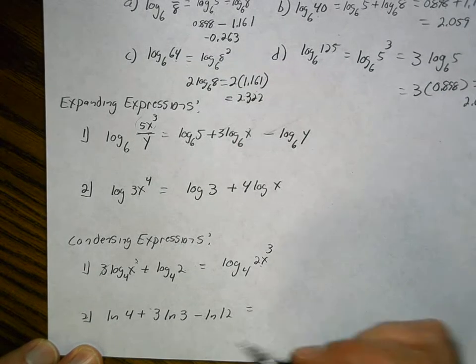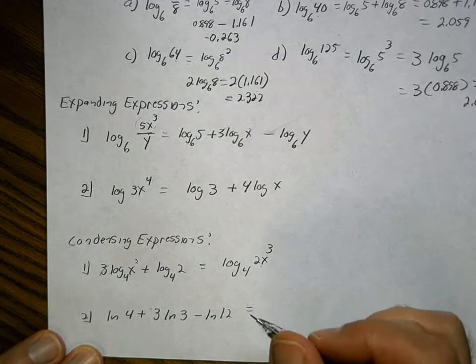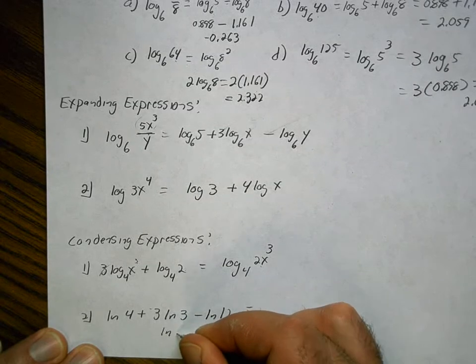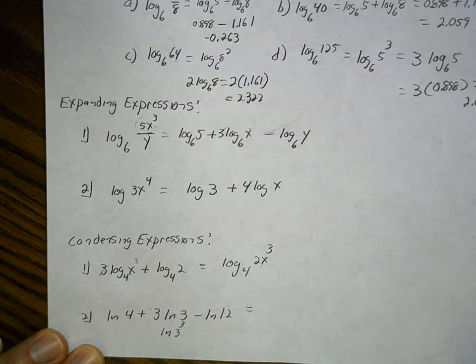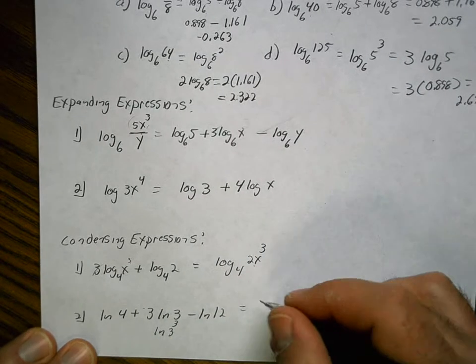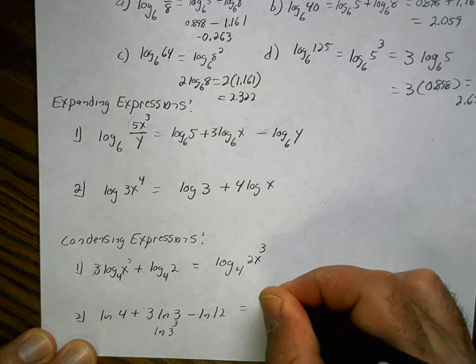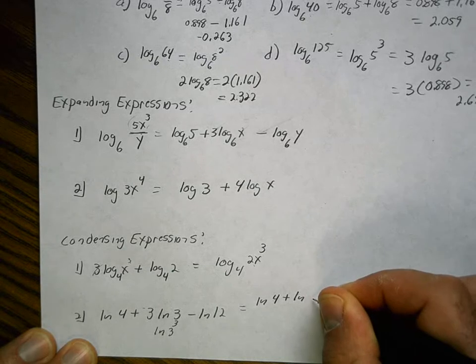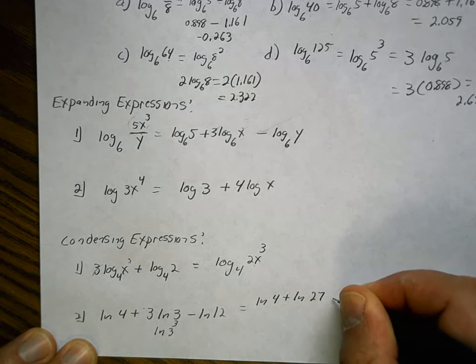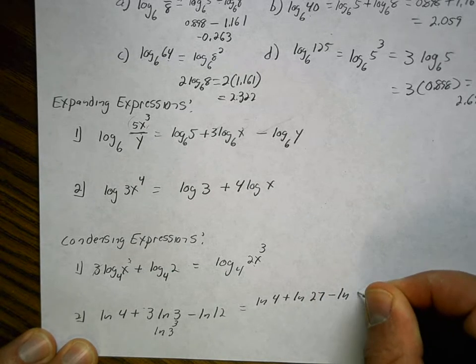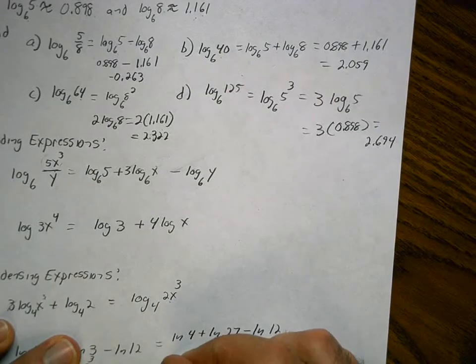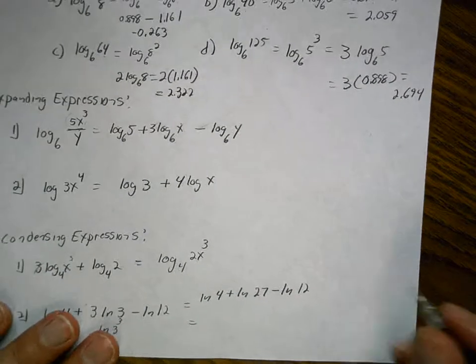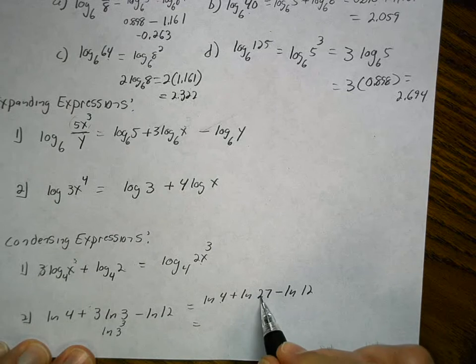Okay, and then finally this one. This is going to be natural log of 3 cubed. I'm going to take this one in steps here. So I got natural log of 4 plus natural log of 3 cubed, which is 27, minus natural log of 12. When I put this together, it's multiplication and then division.